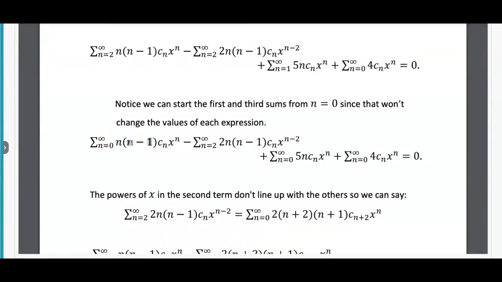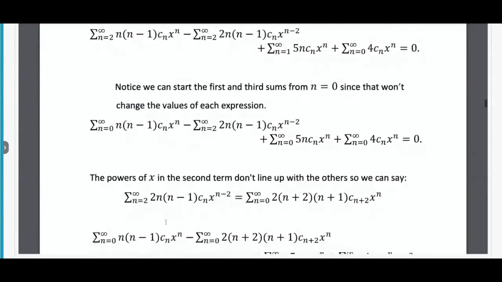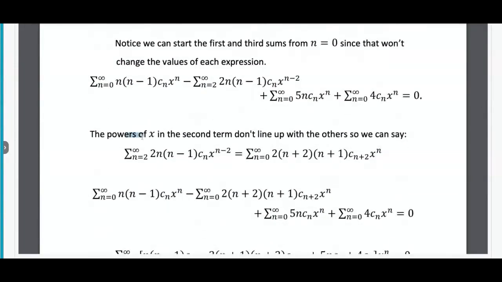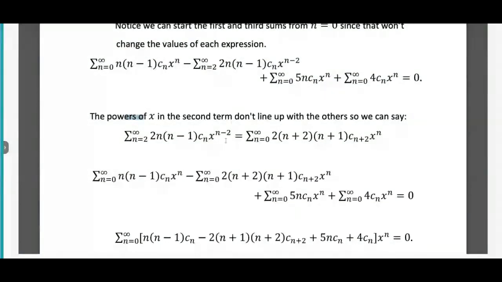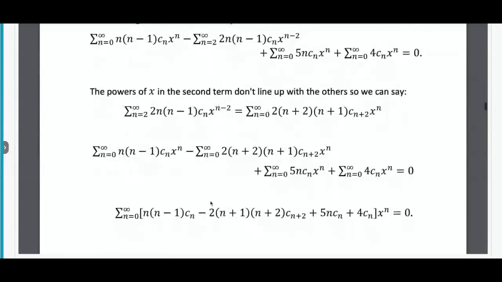N equals 1, this term is 0. So the powers of x in the second term don't line up with the others, because this is n minus 2. This is n. So all of this is like reindexing.